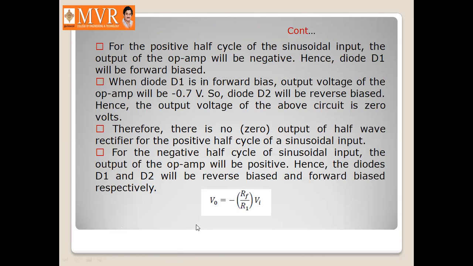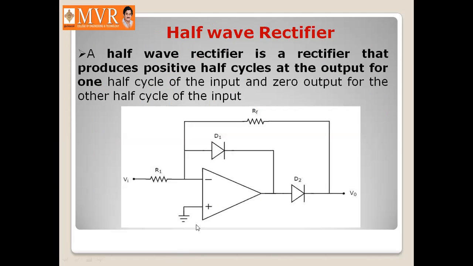As the positive half cycle is applied at the inverting input terminal, the op amp works as an inverting amplifier, so the output will be of opposite polarity.